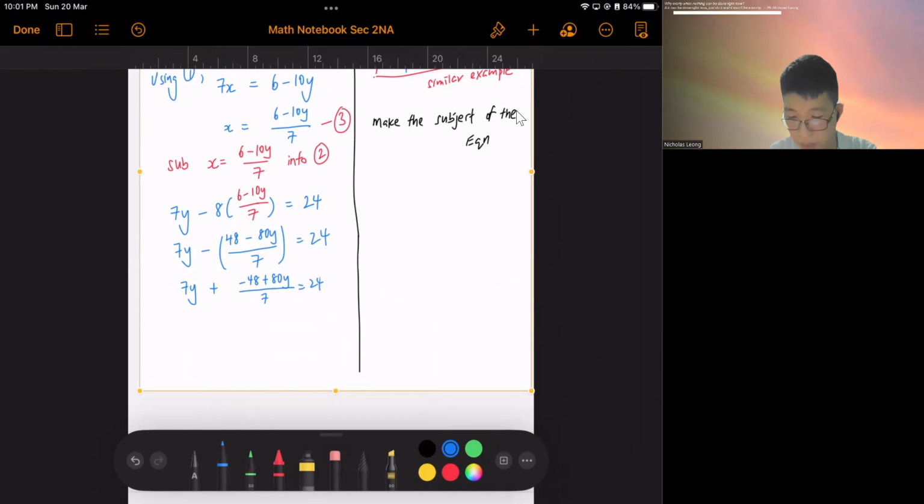So now I have a fraction. Then I'll need to make the denominator the same. So I multiply the entire equation by 7 to remove the denominator.